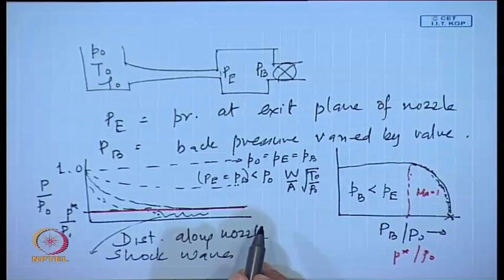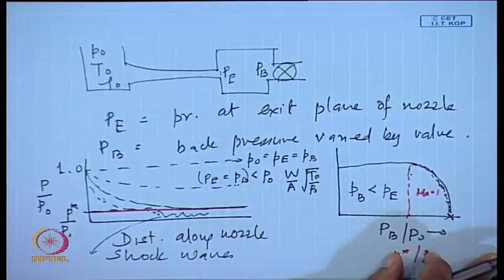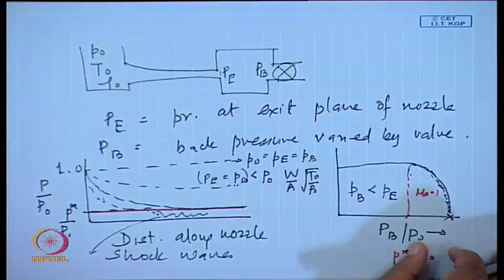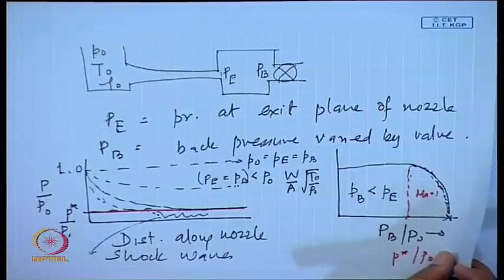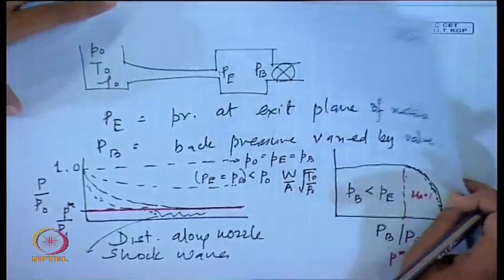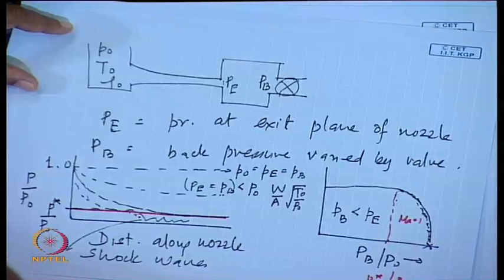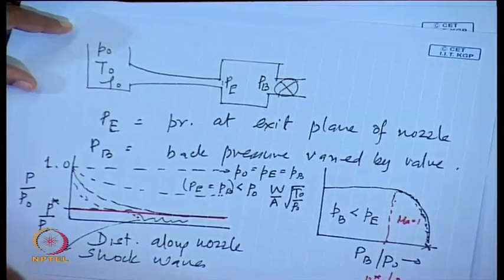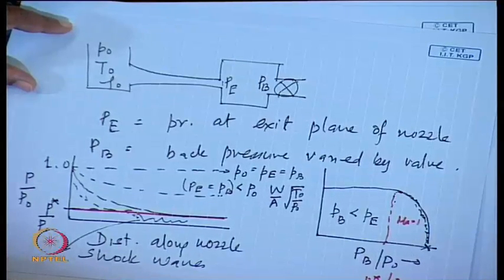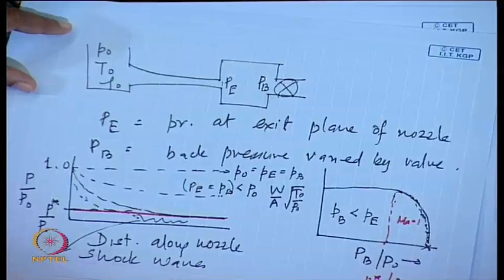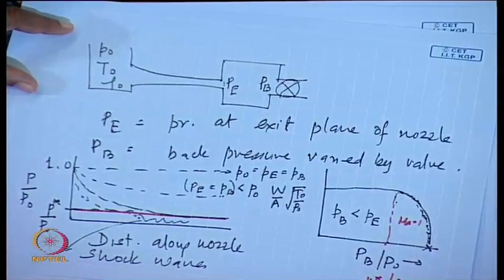Well, so remember one thing: for this particular case, we had seen what the flow rate will be under this condition. We had got the expression for W by A for maximum conditions.